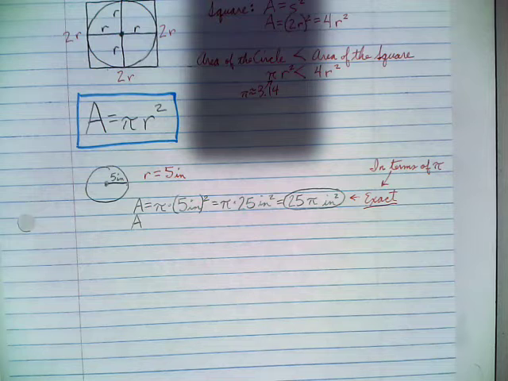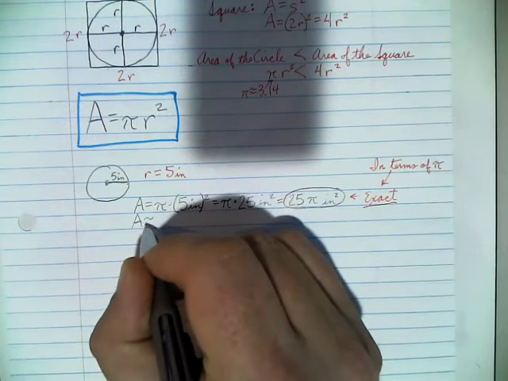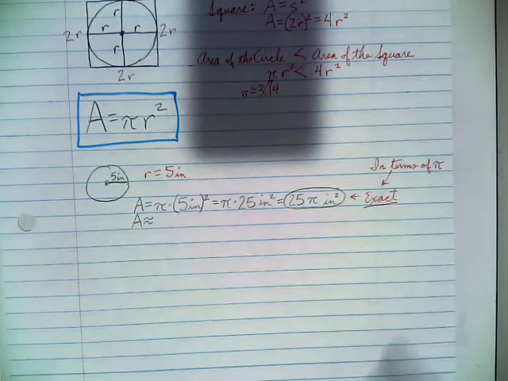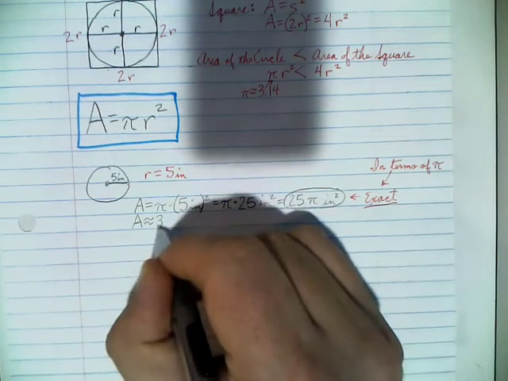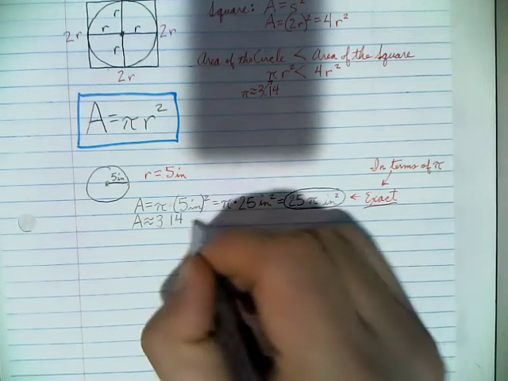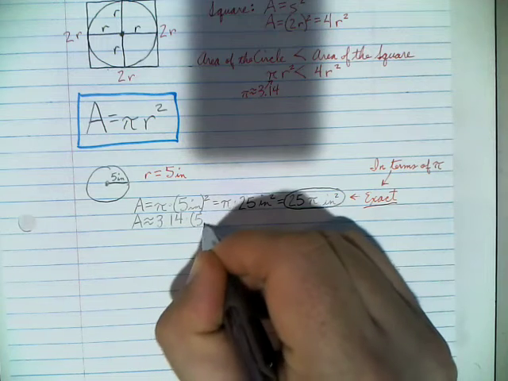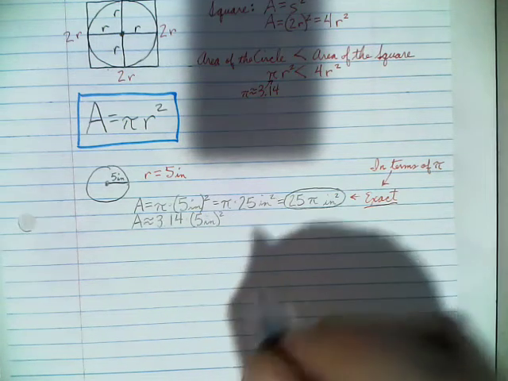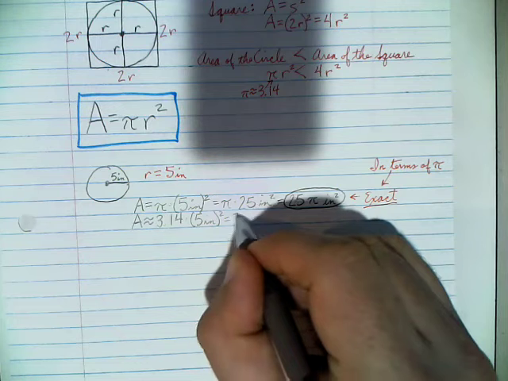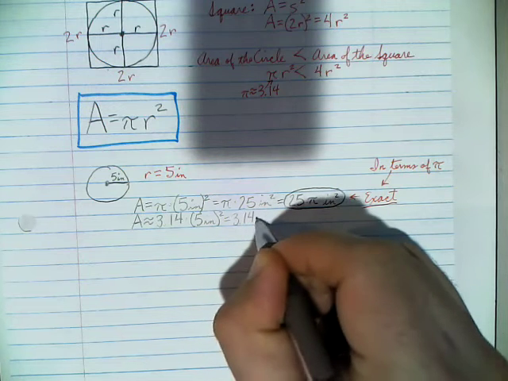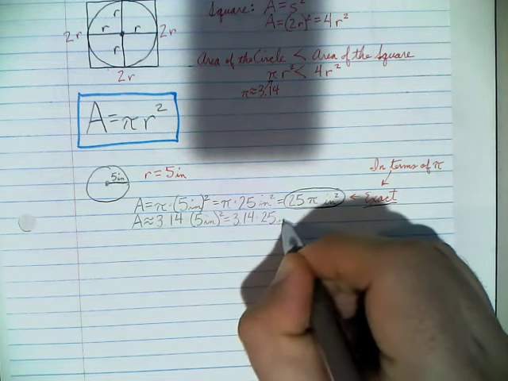And typically, that's going to be 3.14 unless you're told otherwise. So I'm going to say that it's not perfectly equal to 3.14. It's approximately equal to 3.14. And then times our radius squared, just as we did before. And so this will be 3.14 times 25 inches.